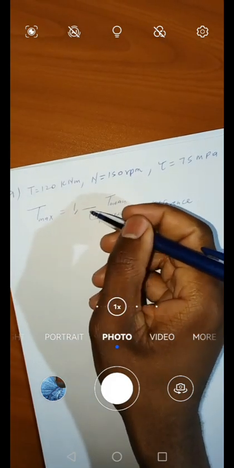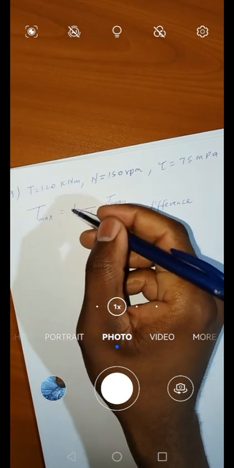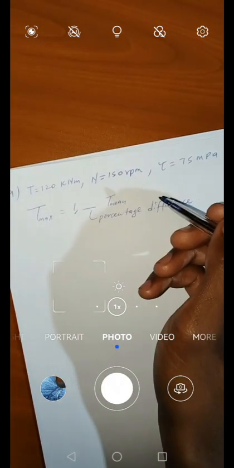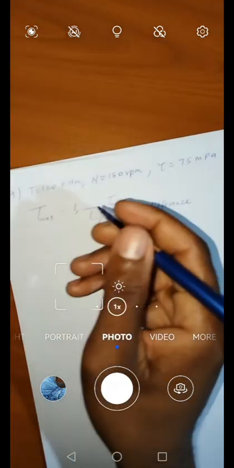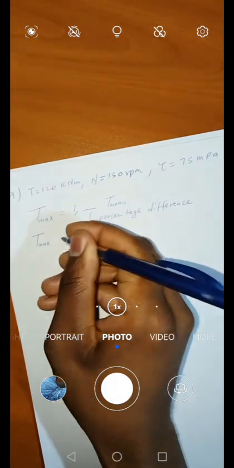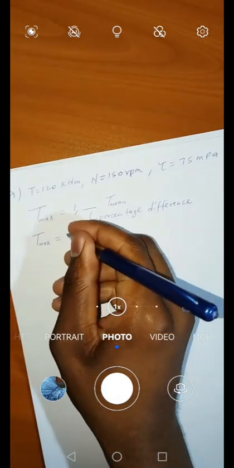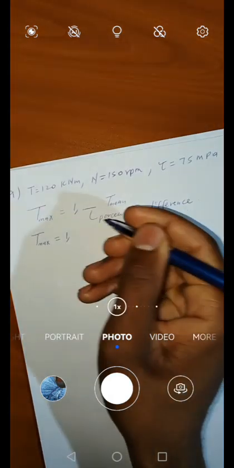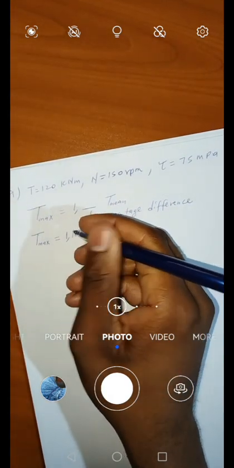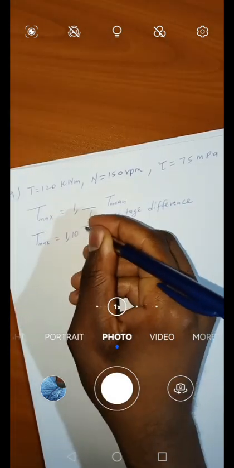on this space here you write the percentage difference. Always T max will be this 1 point something. So this something here will be that percentage difference. Like in this one they said that the maximum torque differs from the mean torque by 10%. Then you'll say 1 point, then you write that 10 here, and then T mean.